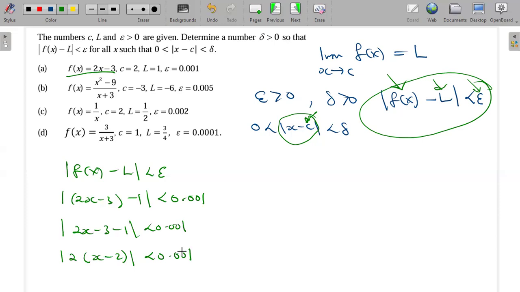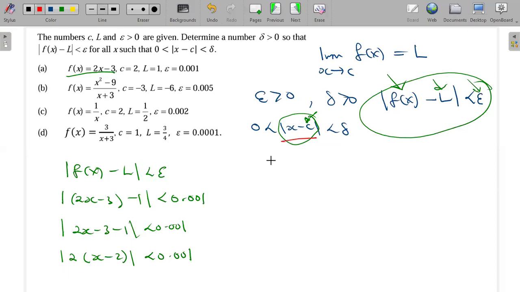Now, when you reach here, according to the definition, you have this x minus the c there. Notice that we can actually obtain such from here. We're going to isolate this. 2 is a constant and it's positive, meaning whether you take the modulus of it, it's always going to be positive.